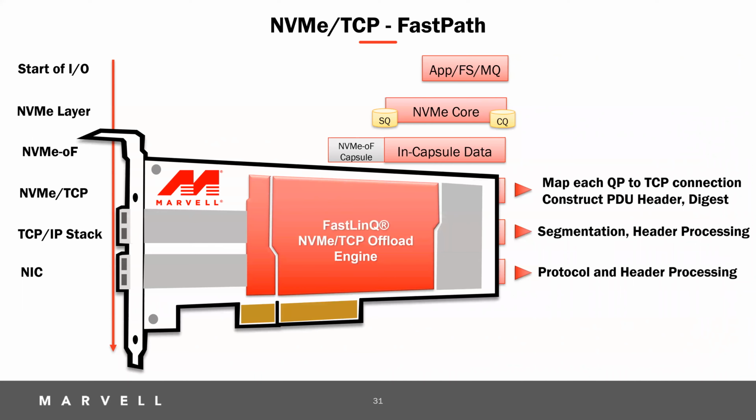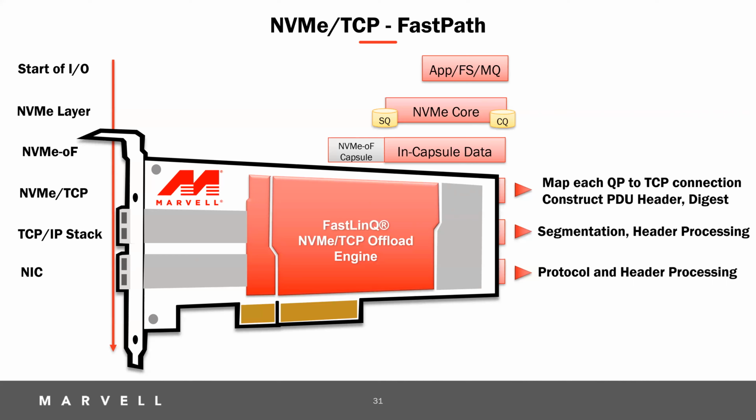What Marvell brings to the table here is an offloaded NVMe over TCP engine in their FastLinQ NIC. So everything, starting from creating the PDU to segmentation, header processing, and calculating the digest and checksums, is offloaded to the Marvell NIC.